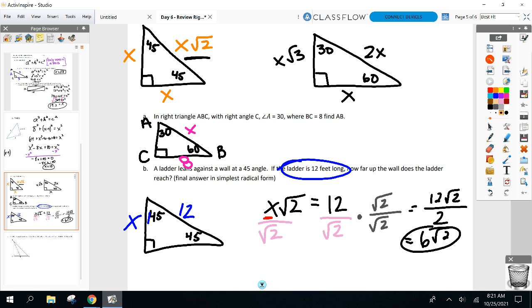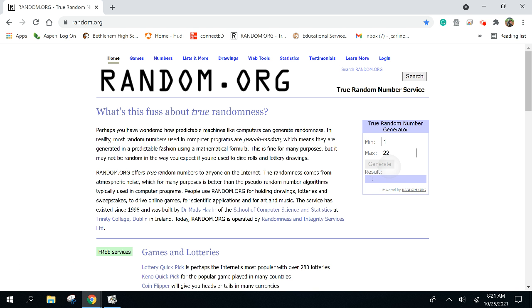So if I look at my rules, what do I do with the side across from the 30, 8, to find the side across from the 90? What do I need to do to that side? What's the rule? Olivia, what do I need to do with it?